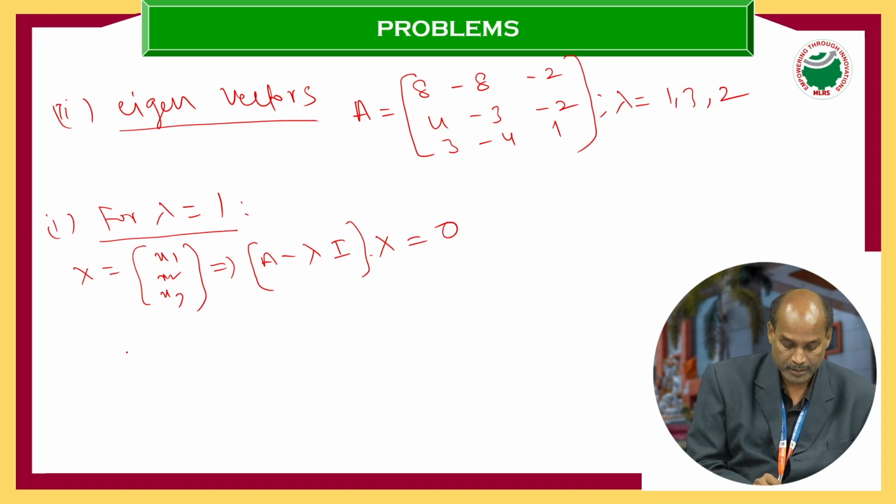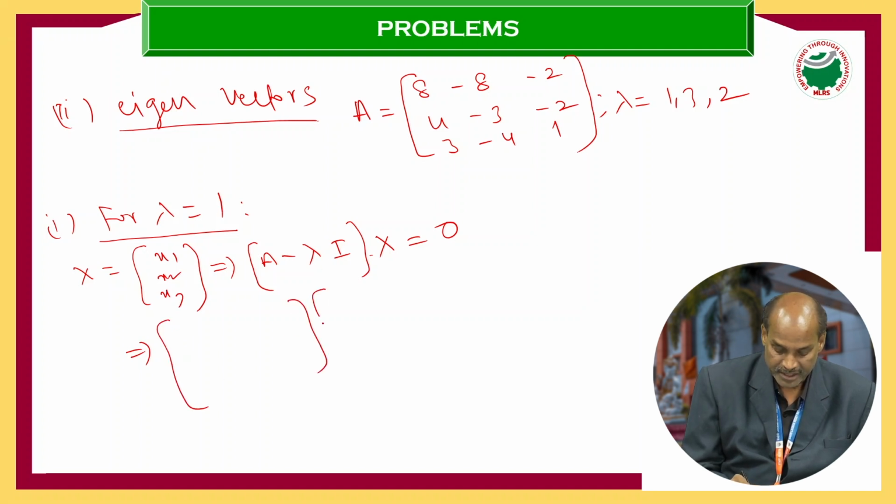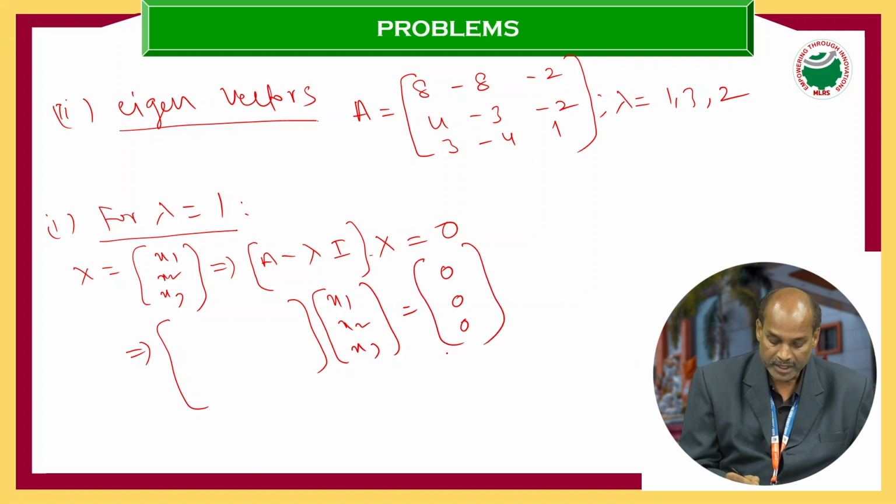Now A minus lambda I, where lambda is 1 and I is the unit matrix, times x, which is x1, x2, x3, equals 0, 0, 0. The given matrix is 8, minus 8, minus 2, 4, minus 3, minus 2, 3, minus 4, 1.